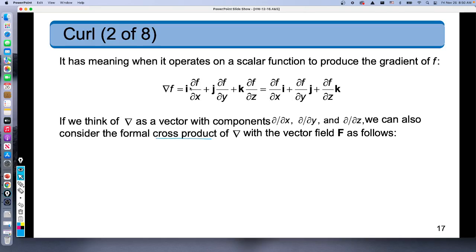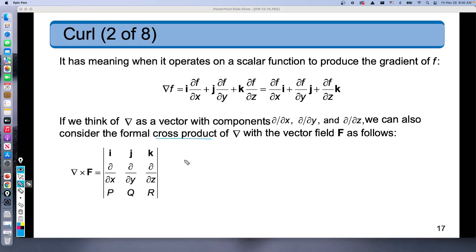And again, with the gradient, that's really what it was. So we were using this del. So the way we want to think about it is, if we take this gradient idea and cross it with the vector function that we have, p, q, and r, then we're going to get the function we wanted.